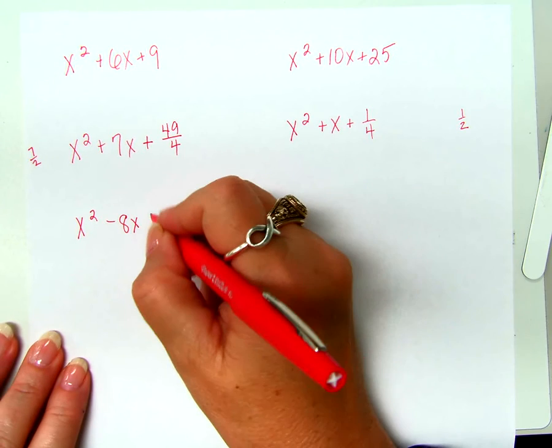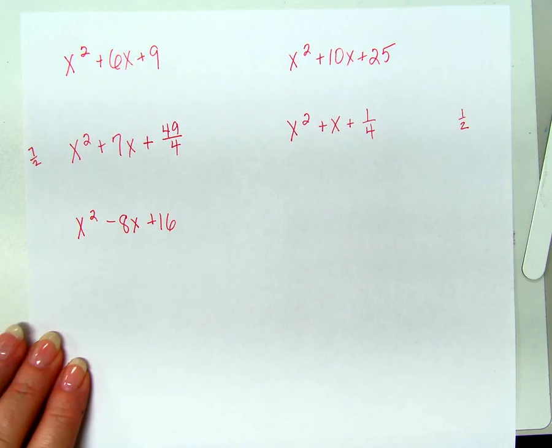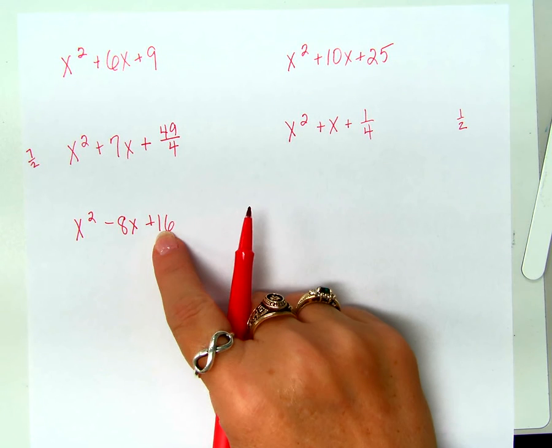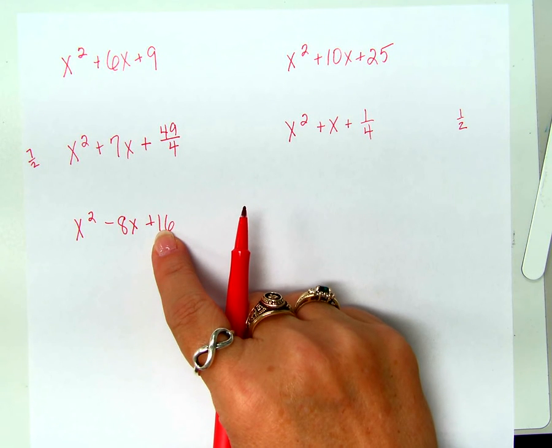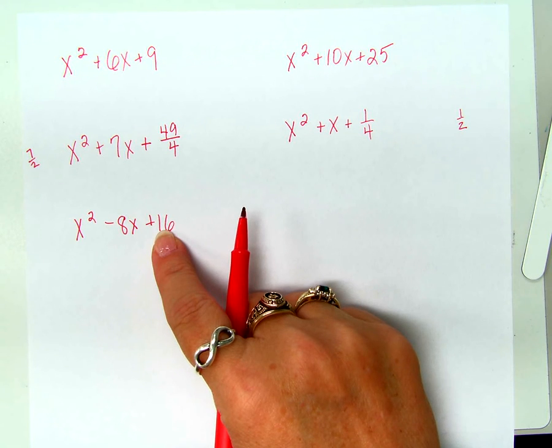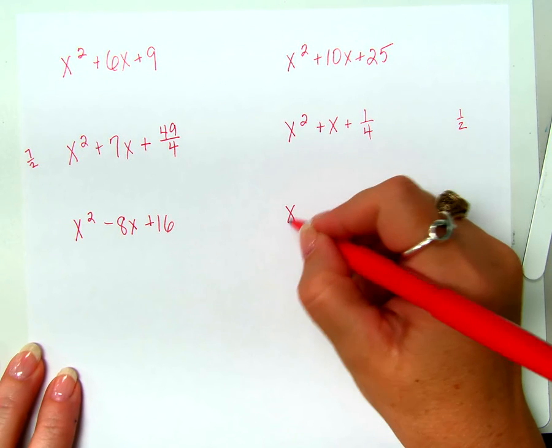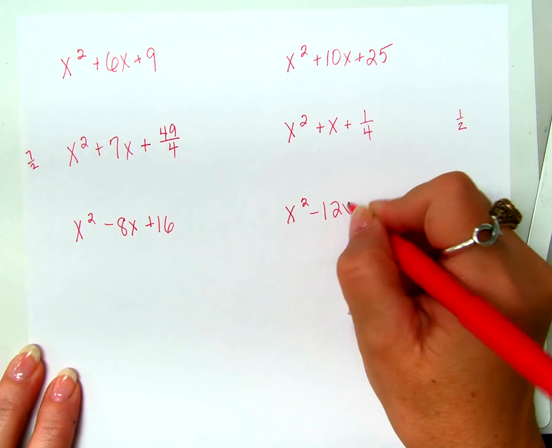Positive 16. Oh, good observation. Will we ever subtract anything right here? No, because I'll always have just squared it, right? Anytime I square something, I'm going to get a positive. Absolutely. One more. X squared minus 12x.